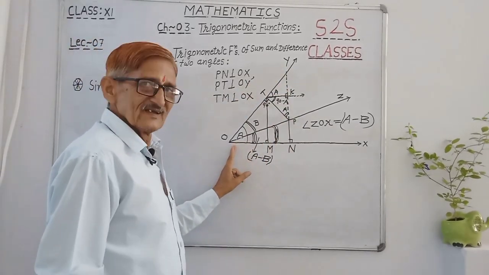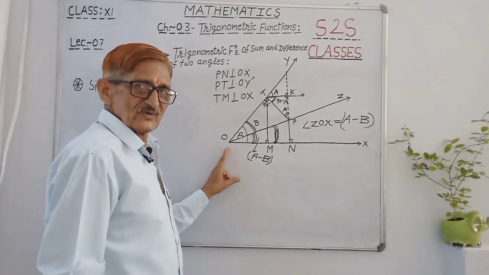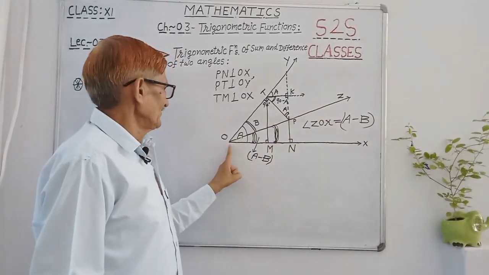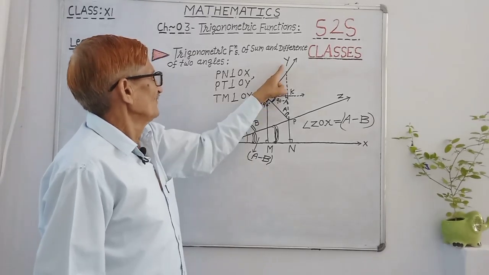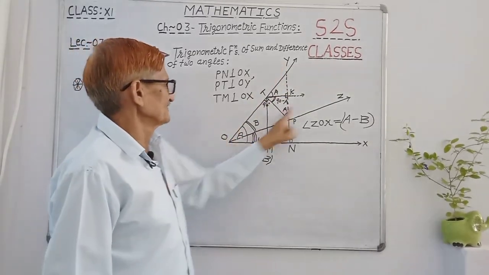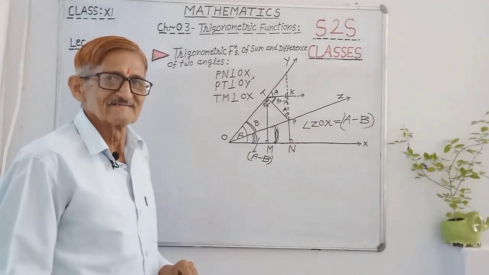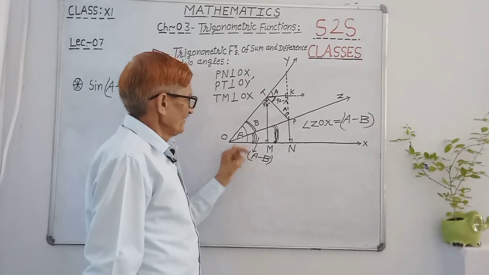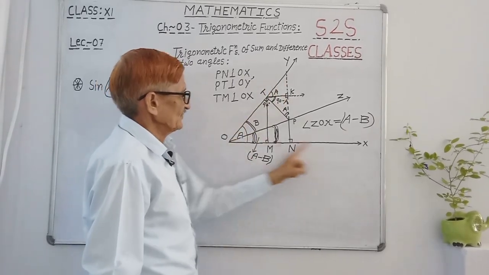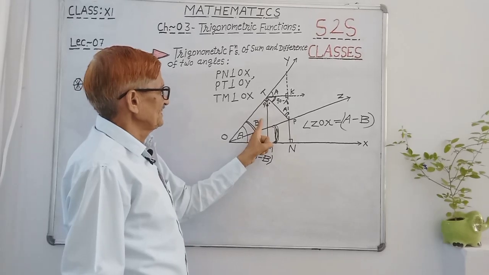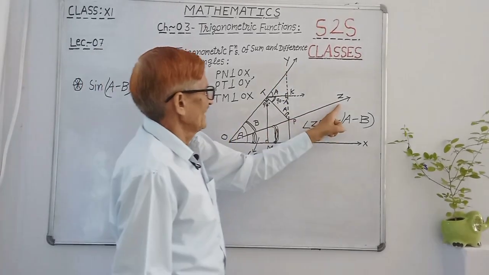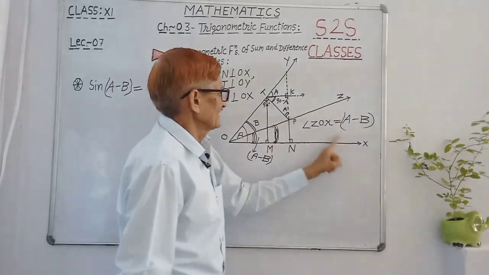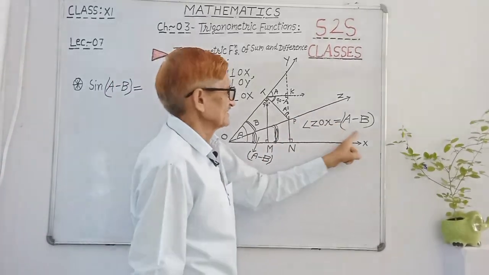Then one ray OZ with common vertex, so angle YOZ is B. Then A minus B is YOX minus B, which leaves angle ZOX. So angle ZOX is A minus B.